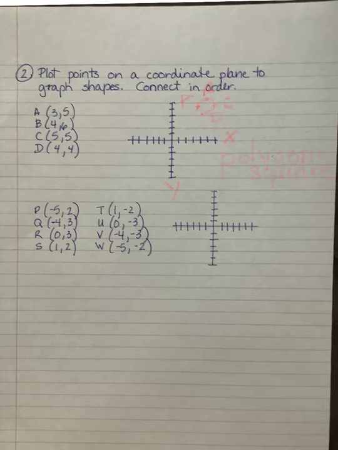Okay, then on the second coordinate plane, I'm going to have positive and negative numbers, so it's going to be a little bit trickier. But I'll start with P, which is negative 5, positive 2, so I'm going to go left 5 and up 2, and that didn't really turn out exactly where it's supposed to be, but P is about there. Q is negative 4, positive 3, so left 4 and up 3.